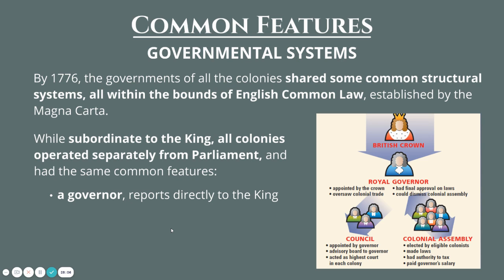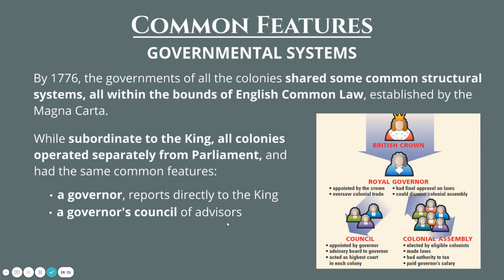Those governors report directly to the king, and if the king wants them to do something, they will do his bidding if they must. However, these colonies are still 3,000 miles away from the crown, so there is a general sense of independence that they're all getting used to over the course of their growth.